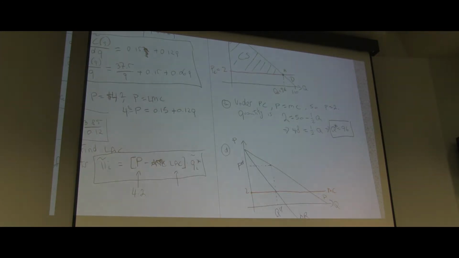If I tell you that the marginal cost is 2, that means that the total cost is going to be 2Q. Because when you take the derivative of 2Q with respect to Q, you get 2. I don't expect you to know that. That's essentially knowing antiderivatives. But, sorry, I should have mentioned that. Okay. So total cost is equal to 2Q.